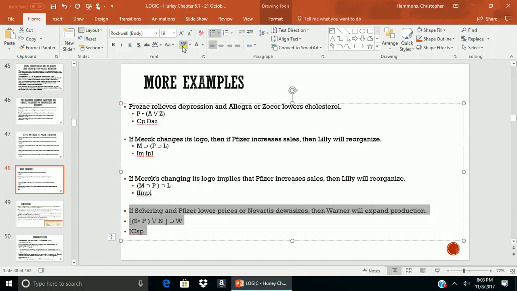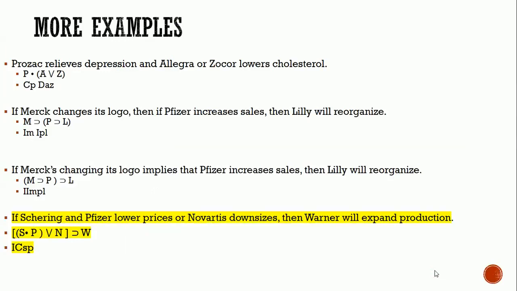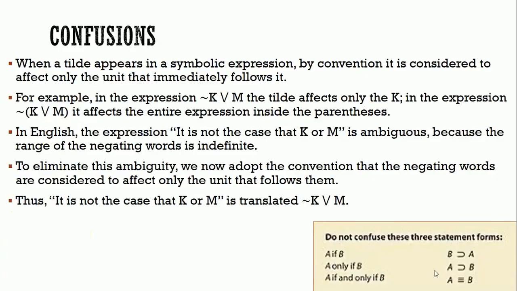Sorry, I gotta fix this. All right. Gosh, we're on slide 48 at 162. We're gonna have to do this in two parts. All right. Confusions. All right, these are good in the chapter. I could probably skip this.